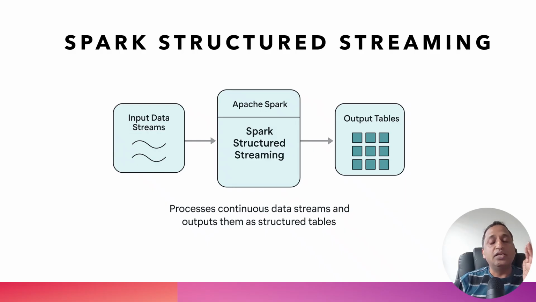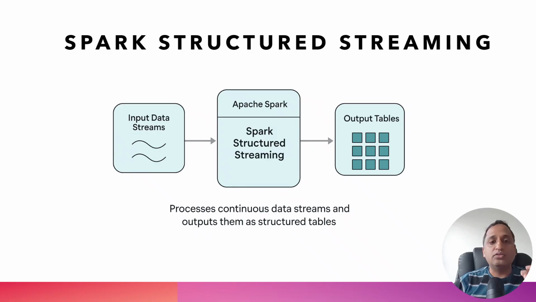If you see traditional batch processing, basically you load data from a file or a table, process it once, and you are done with it. But with Spark structured streaming, new data continuously arrives and Spark incrementally updates the result as if the table is always growing and being evaluated or processed in real time.